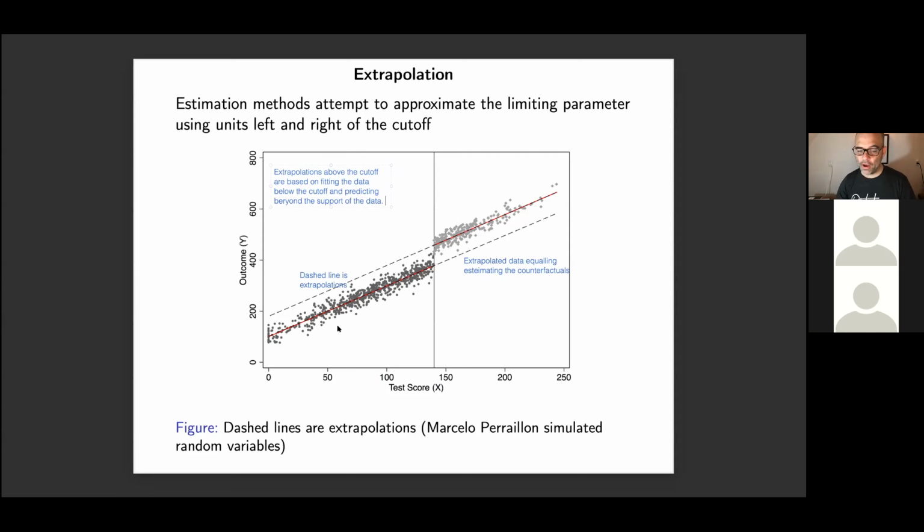We fit the model here and project based on the coefficients estimated below the cutoff.